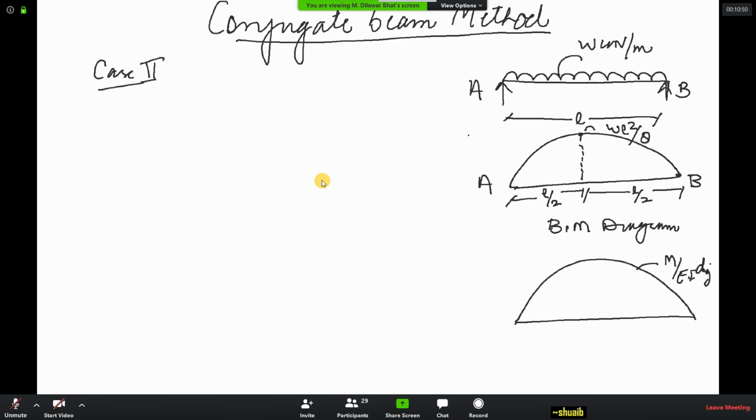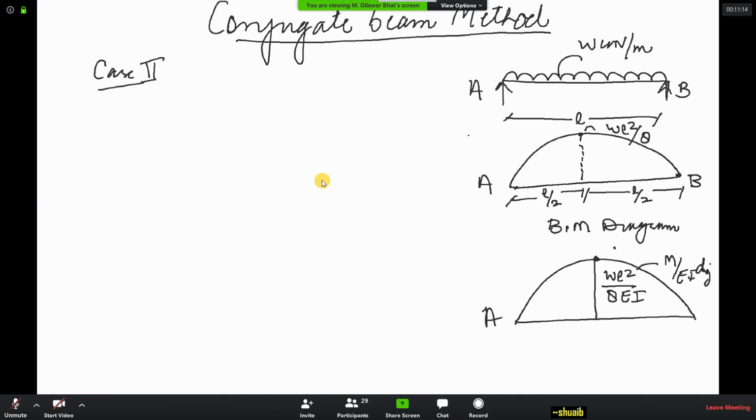Again, at the center, it will be WL square by 8 EI, at this very point, which is at the center.